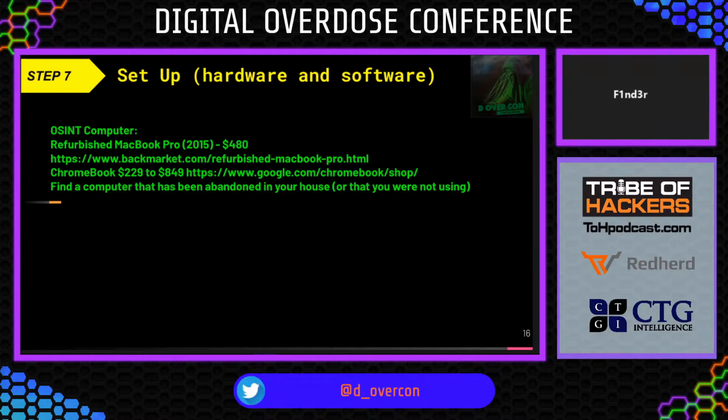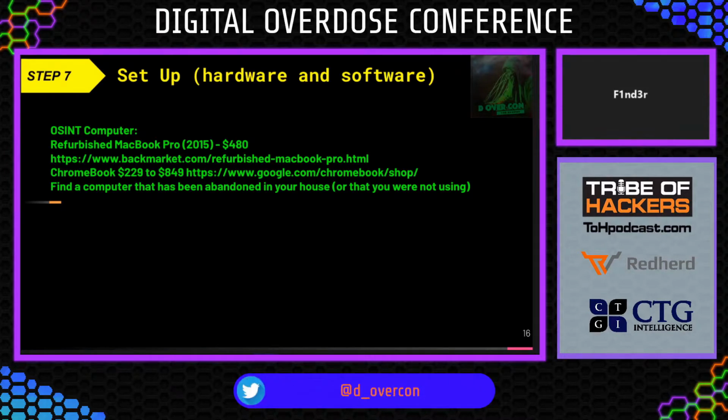I don't want to tell you that you should go out and buy a brand new computer. A refurbished computer can do it. You can get a MacBook Pro from 2015 for $580 in Back Market. Chromebooks are pretty decent. You can install Ubuntu, which is a Linux distro, in it. They range from $229 to $849 in the Chromebook shop.